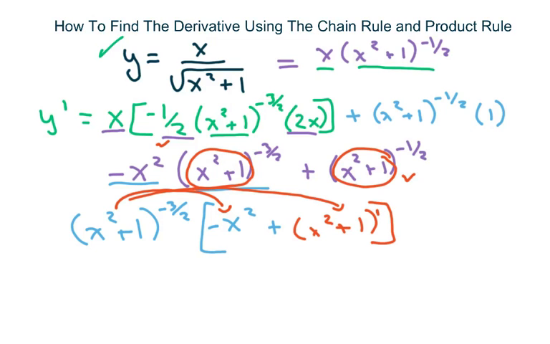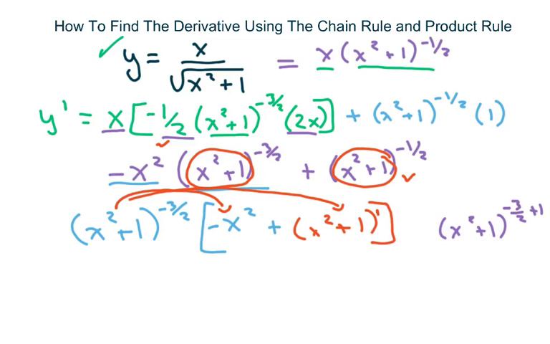Because this is to the first power, and basically what you're doing is you'd be saying, I have my base, which is, I'll just write it out. So I'm going to have x squared plus 1, it's the same, and I'm going to do negative 3/2 plus 1, because you're multiplying.